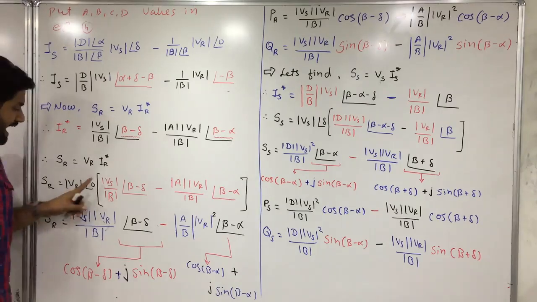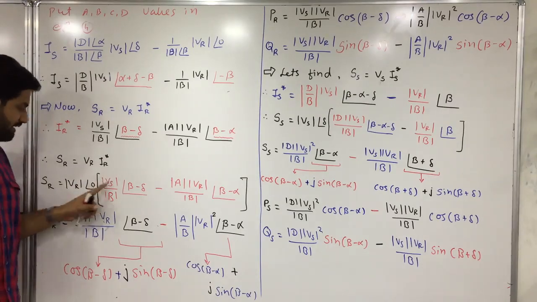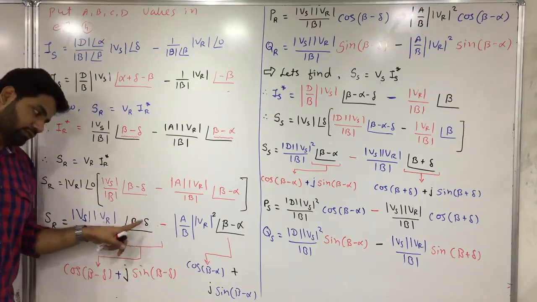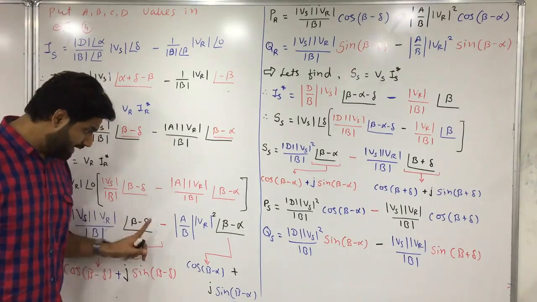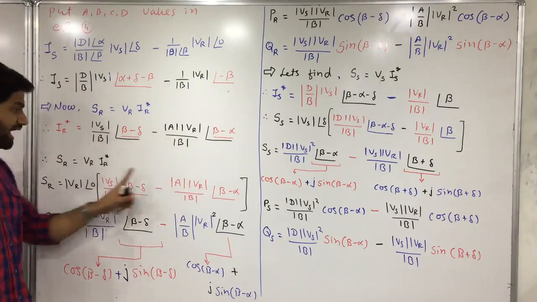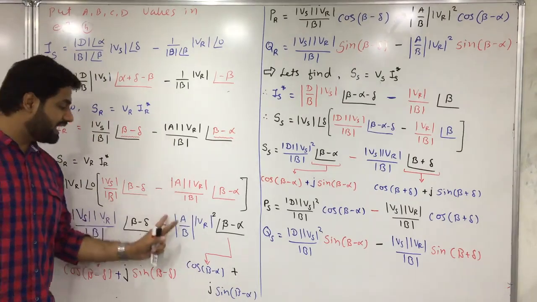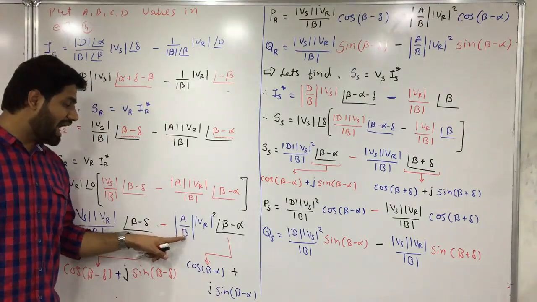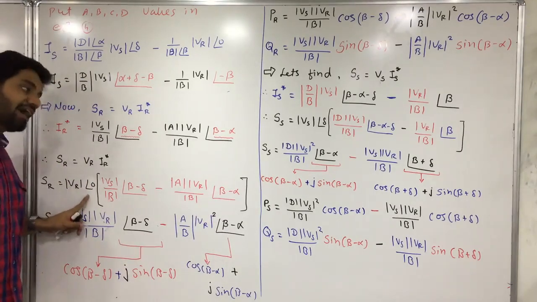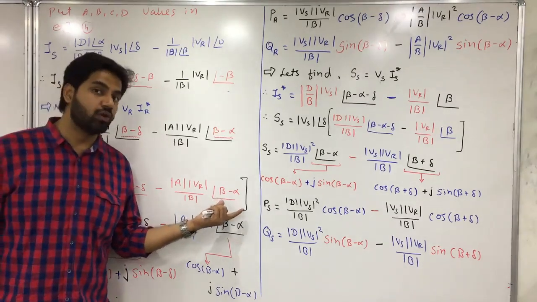So VR VS upon B at beta minus delta, minus A VR square upon B at beta minus alpha, just because VR is having 0 angle, so it is not getting added over here.